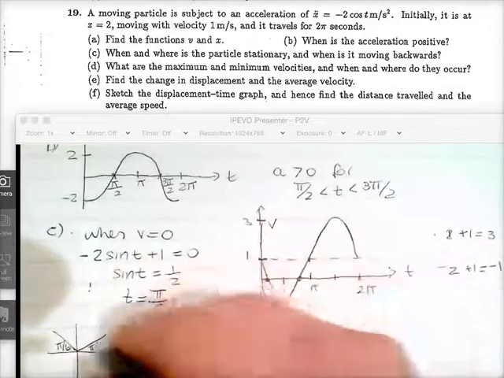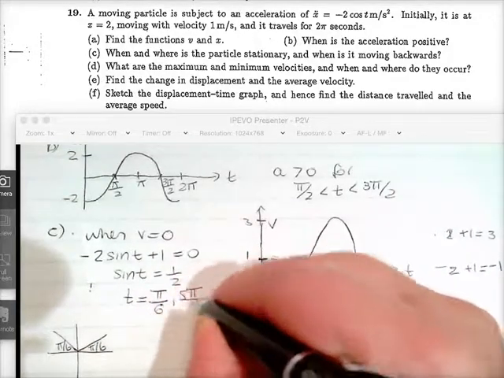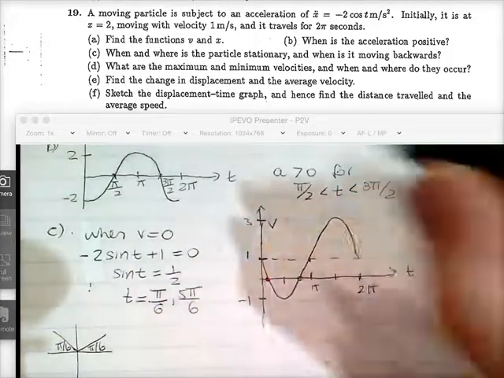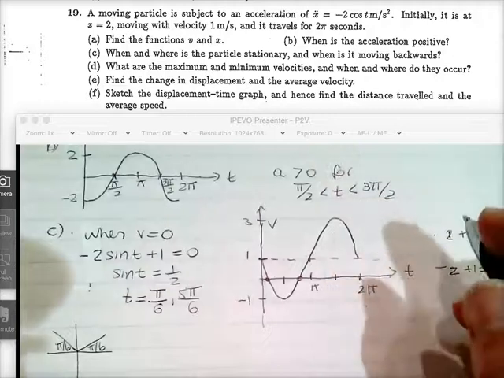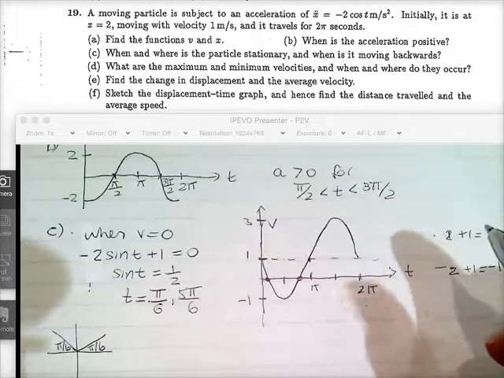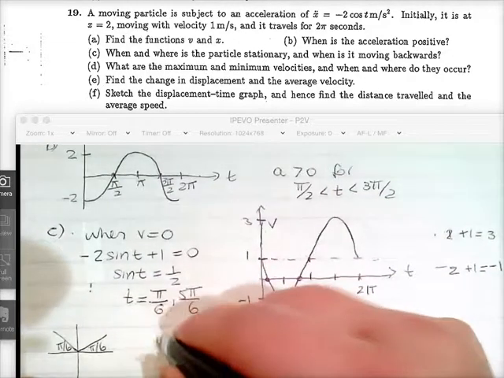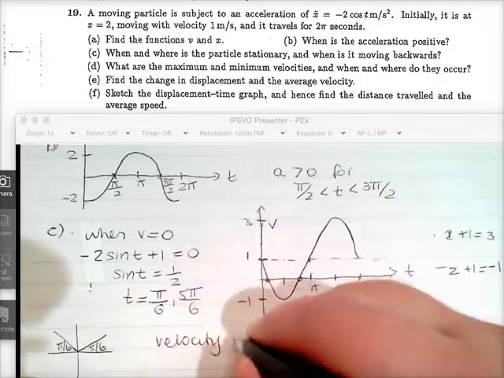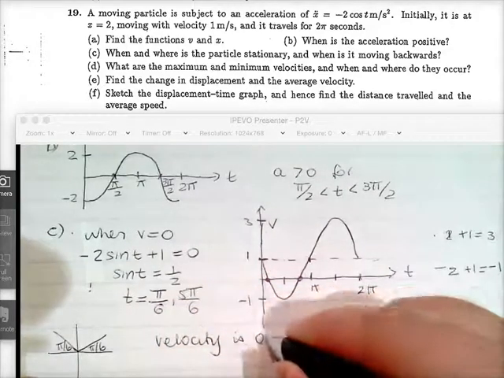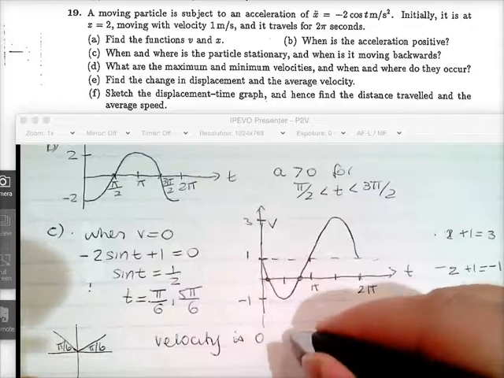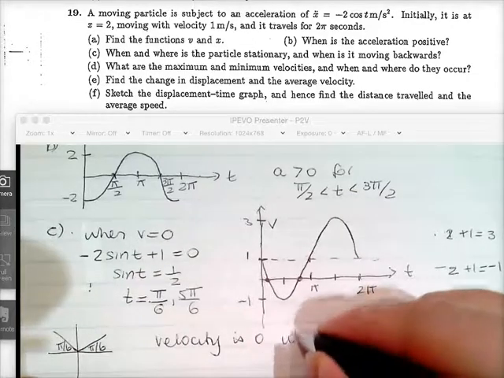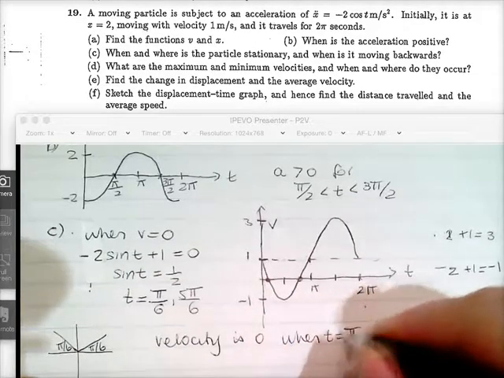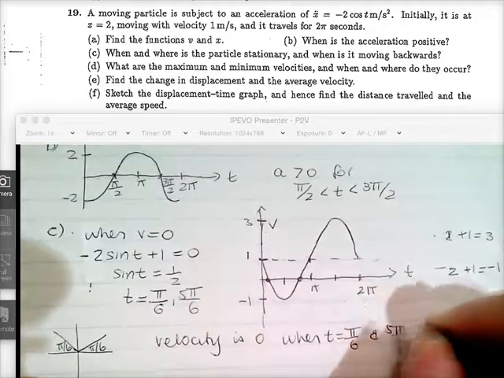Quadrant 1 is pi on 6 and quadrant 2 is 5 pi on 6. So therefore, velocity is 0, or the particle is stationary, when t equals pi on 6 and 5 pi on 6 seconds.